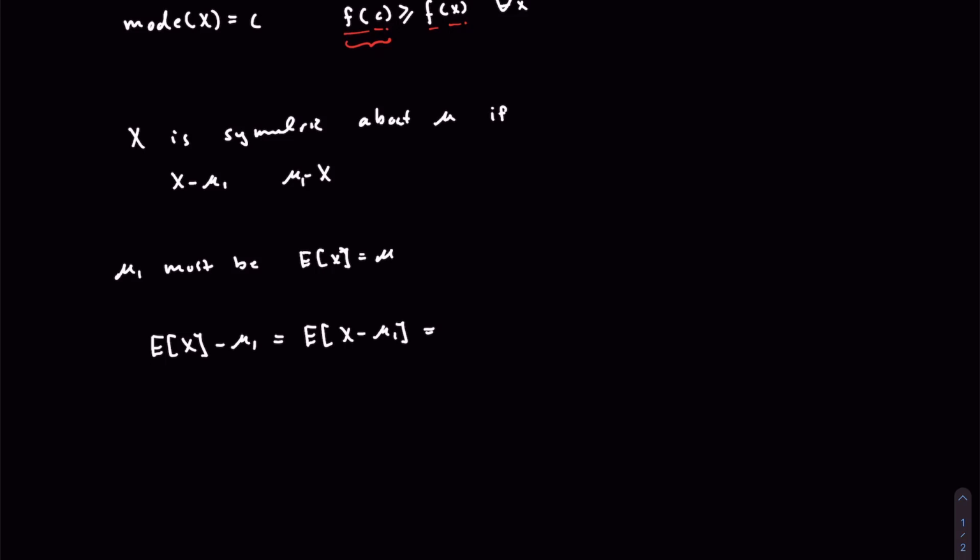And now, because we just assumed symmetry, by symmetry we can replace x minus mu1 with mu1 minus x. That's what symmetry means.